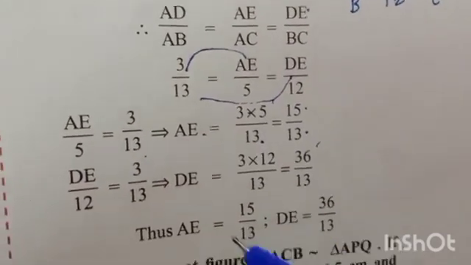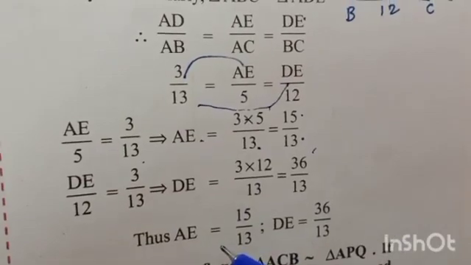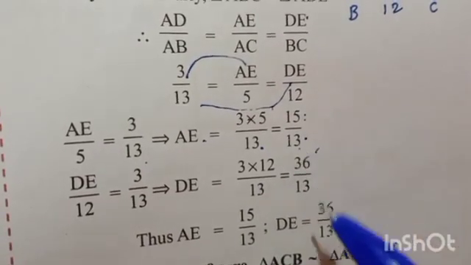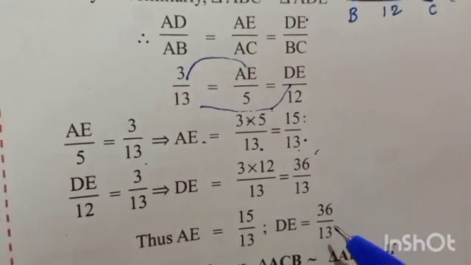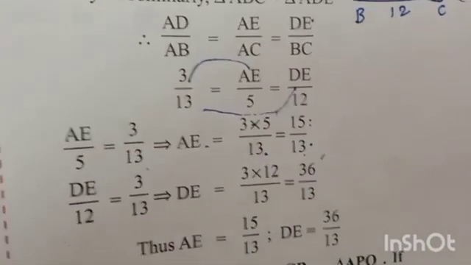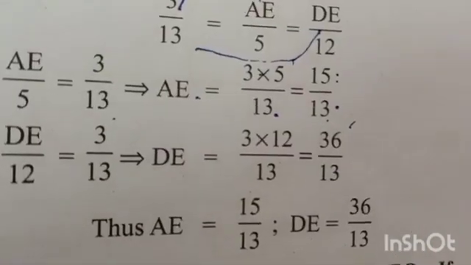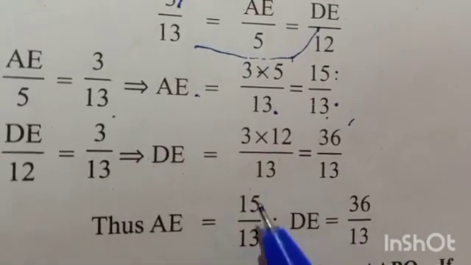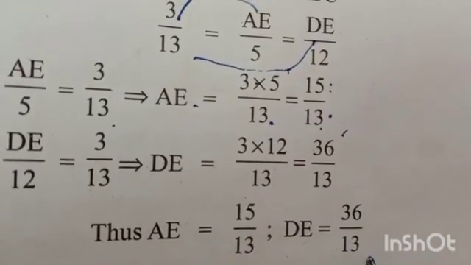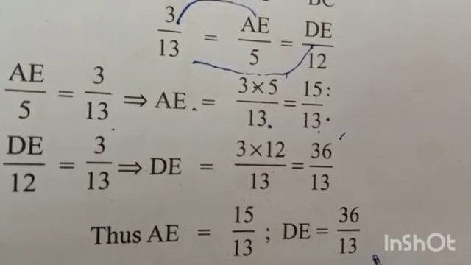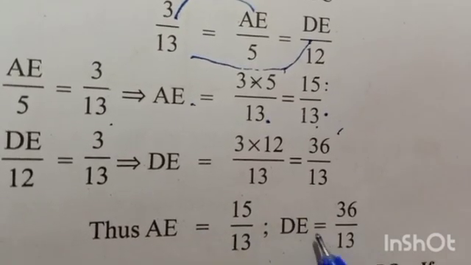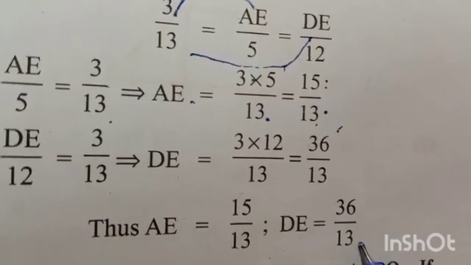So AE is equal to 15 by 13 and DE is equal to 36 by 13. We have to take the sides we want and write them separately. The question asked for the AE value. AE is equal to 15 by 13. DE is equal to 36 by 13.